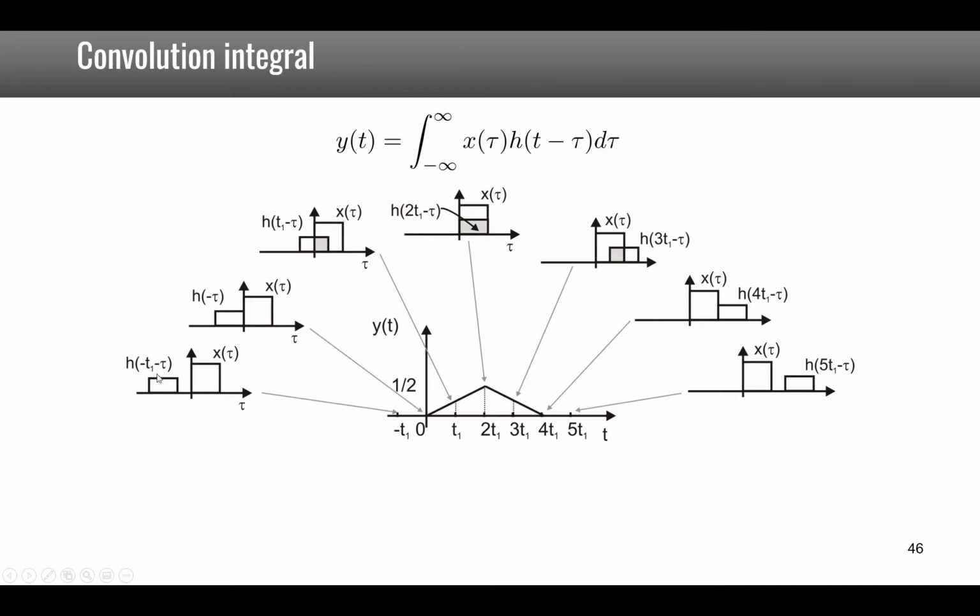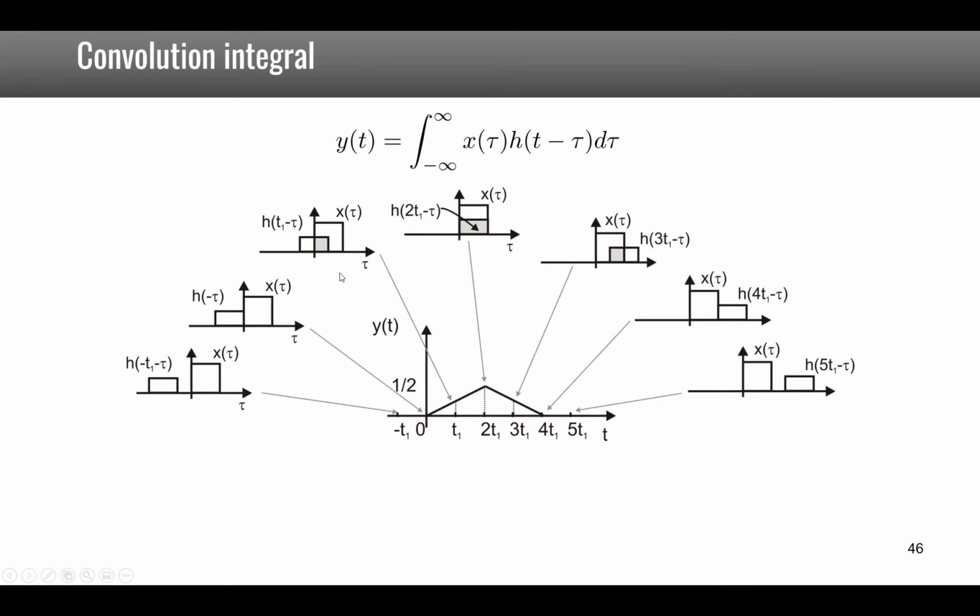If you look at very small values of time, then these two rectangles don't interact, so the product is always 0. But as soon as they start interacting, you will have a certain value of the integral when you multiply the two functions. Here, for example, it is given by the gray box.